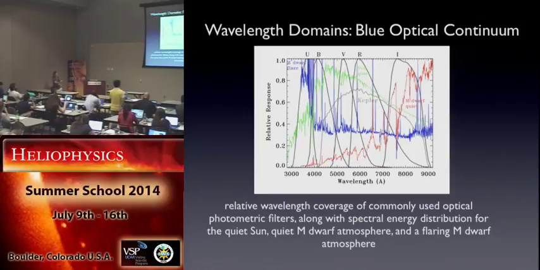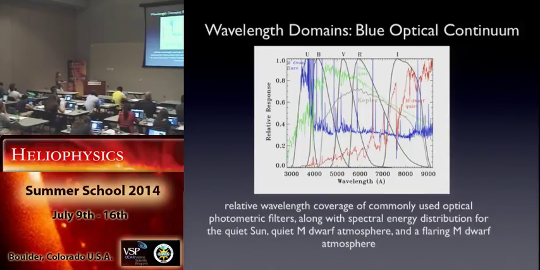This is a relative response versus wavelength, and I've shown you the wavelength regions that are covered by some standard astronomical filters. Also, the Kepler mission, since I'll be mentioning flares observed with Kepler.